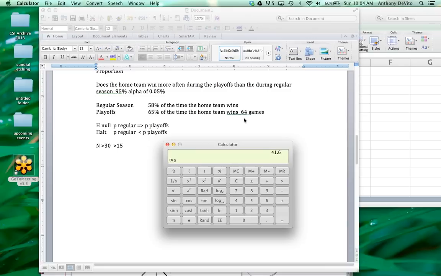Or whatever, 64 minus 42 is 22 losses for the home team. So both sides of that, successes and non-successes, both sides of that proportion are greater than 15.